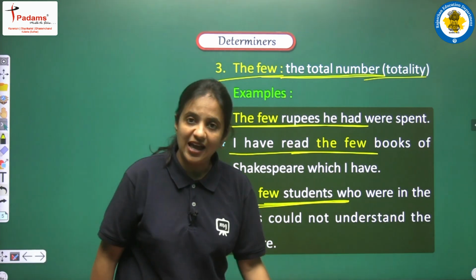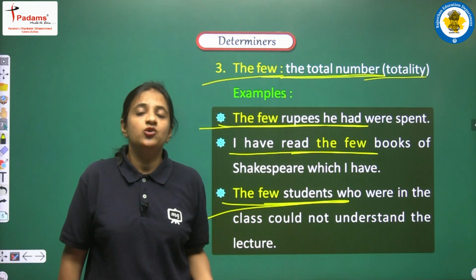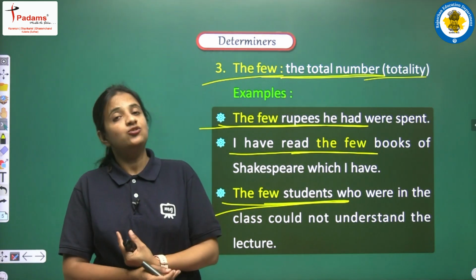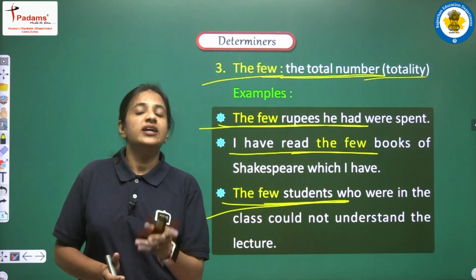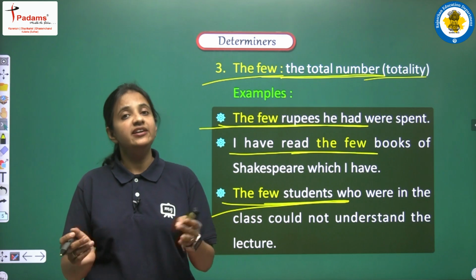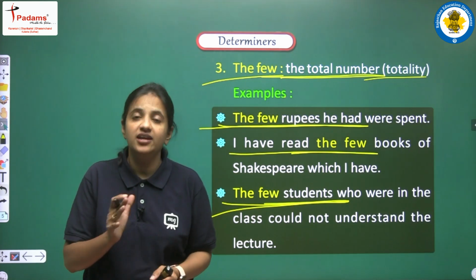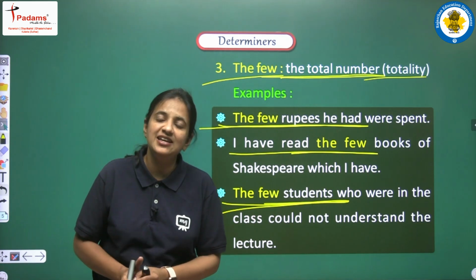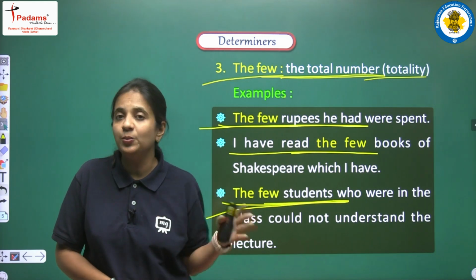Alright, so again I am summarizing these three determiners. They are very important, and you know जो difference है वो बहुत ही छोटा सा difference है. So you have to understand very carefully. So first of all, few, it is a negative word and it gives a negative meaning to the sentence. It means जो वो noun है, you know, वो number में बहुत कम है, इतना कम है कि हम कह सकते हैं कि वो ना के बराबर है, and this is the reason it gives the negative meaning.